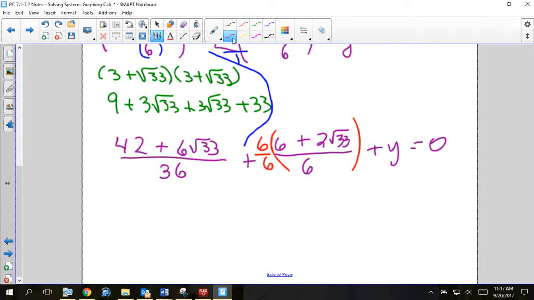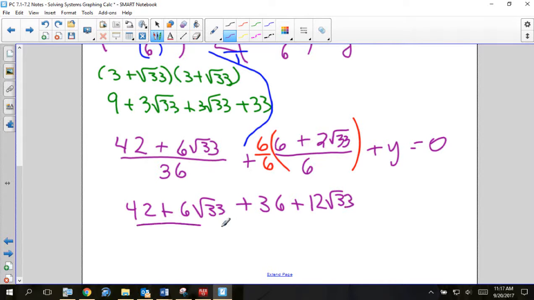All right, so now we have 42 plus 6 square root 33, plus 36 plus 12 square root 33. And then we add them together, so all over 36. Why do you do the 6 over 6 again?